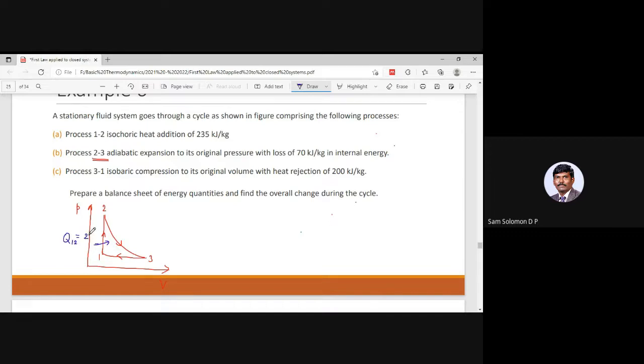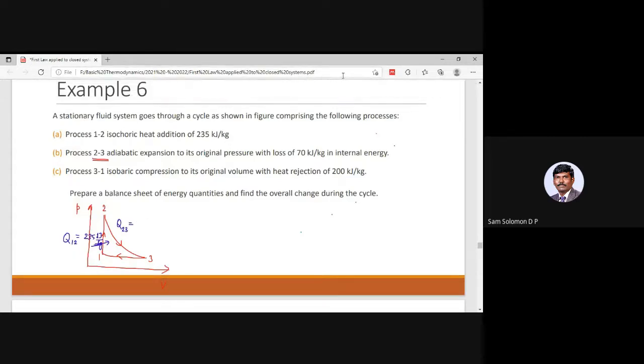So this is 235 kilojoule per kilogram. The next is adiabatic expansion. What do you mean? If it is adiabatic, what about Q23? Can anyone tell me what is the value of Q23 for an adiabatic process? 0, sir. For an adiabatic process, there is no heat transfer, so Q23 is 0.